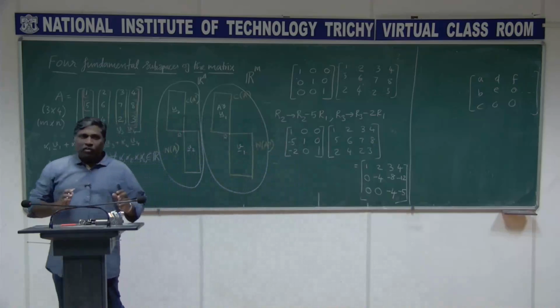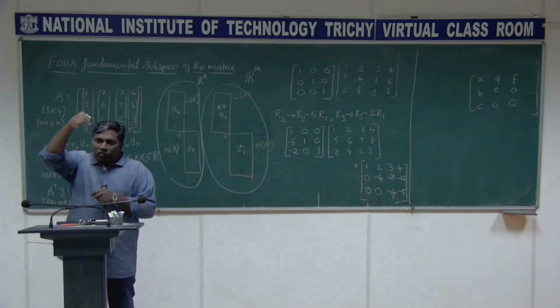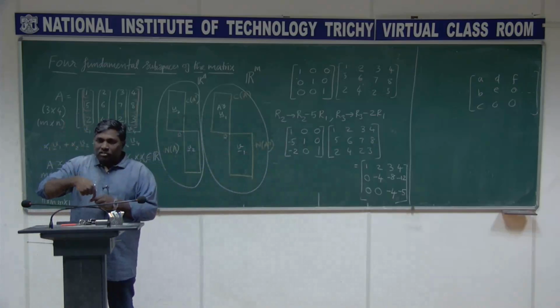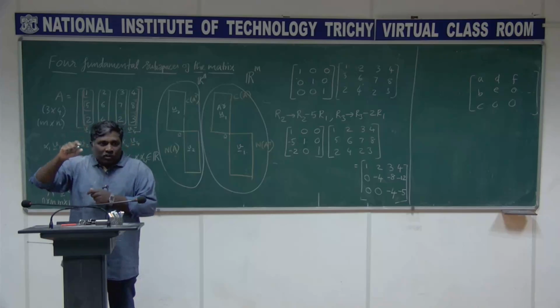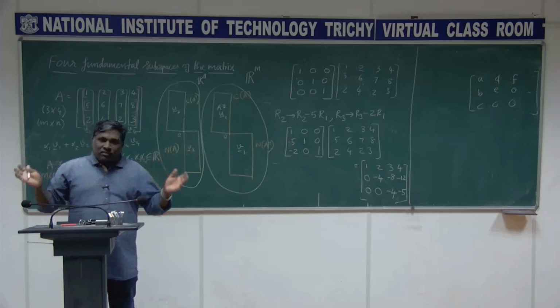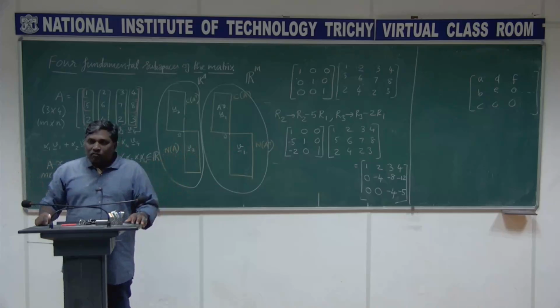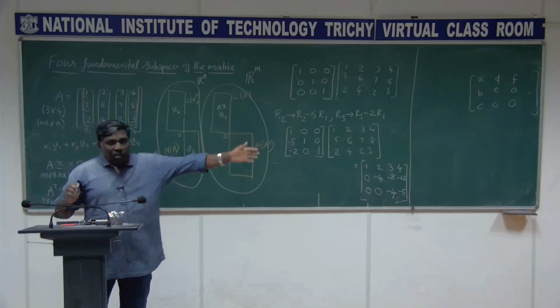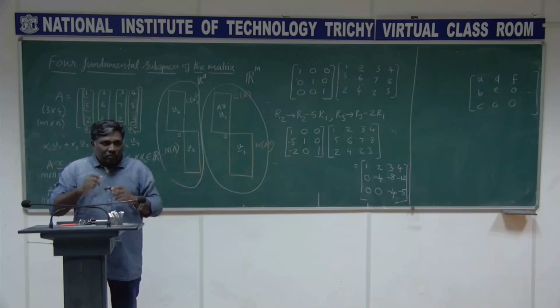We need to look for 3 columns in which one of the columns has all 3 elements non-zero, and we have a column with 2 non-zero followed by 1 zero, and another column with 1 non-zero followed by what? 2 zeros, right? That is the minimal requirement. Whatever the size you have, this is what we call row reduced echelon form format. And you may have other columns which have the same format, that doesn't matter, but the minimal requirement is this.